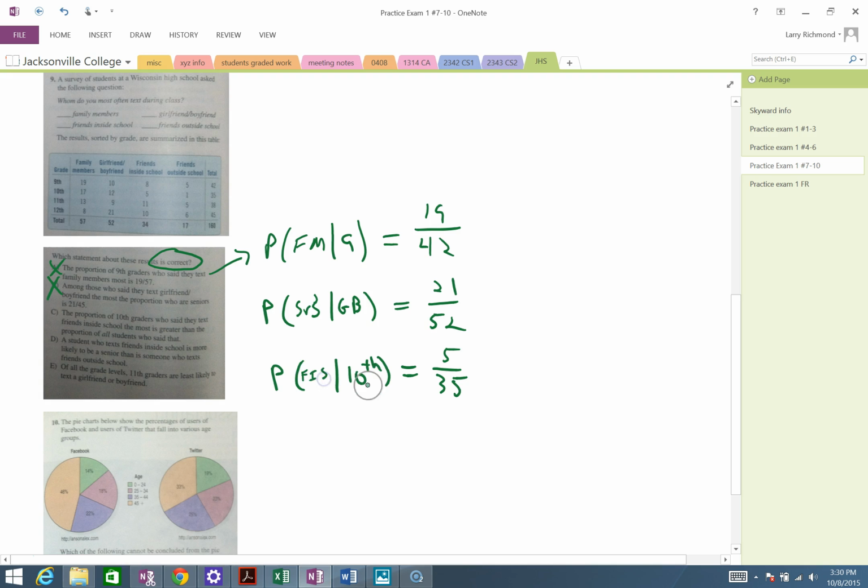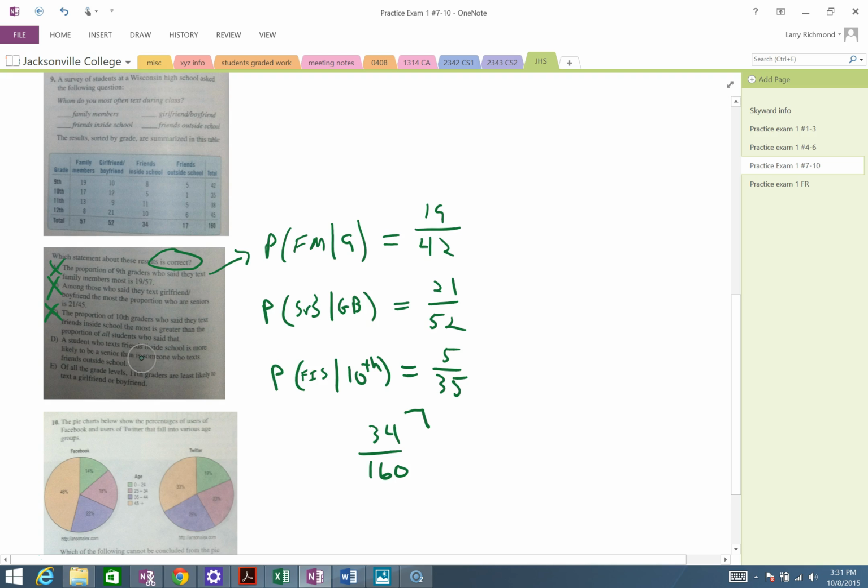For all of those, in that group that texted friends inside school, that is 34 out of 160. So we want to compare this to 34 over 160. Well, 34 over 160 is roughly a fifth, and that's a seventh. So this number is less than that one. So C is incorrect. 34 over 160 is greater than 5 over 35.